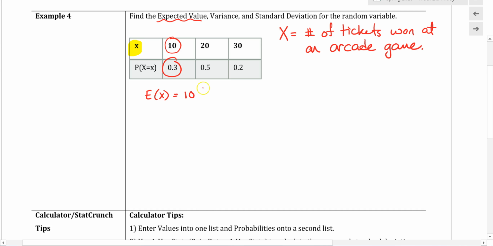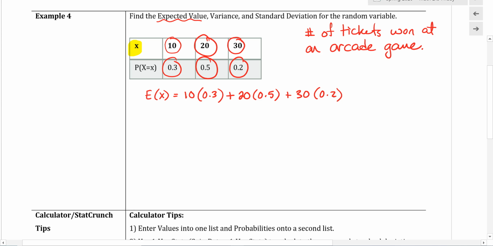So I could win 10 tickets 30% of the time, plus I could win 20 tickets 50% of the time, plus I could win 30 tickets 20% of the time. That is my expected value. When I crank that out, I think I should get 19, according to what I wrote down earlier.